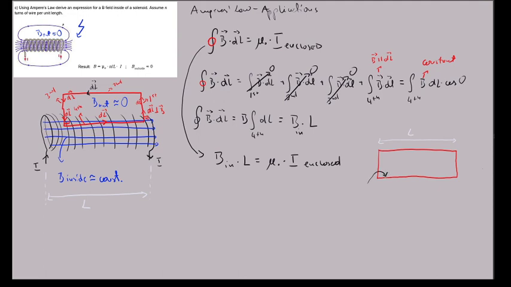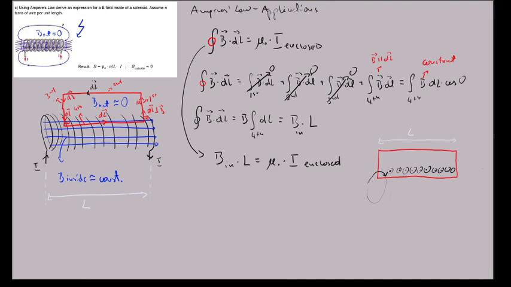Here's current, and then it goes on and comes back again and again and again. That means that I have all of these currents that come at me every time a wire passes through the surface of this loop.